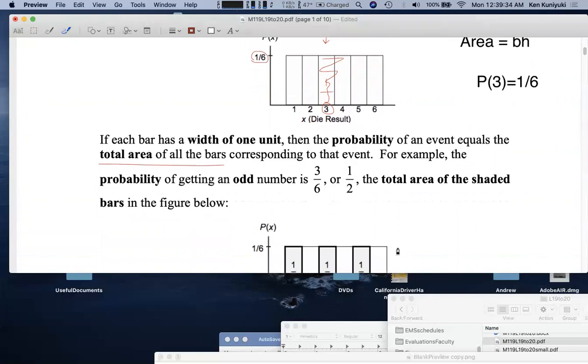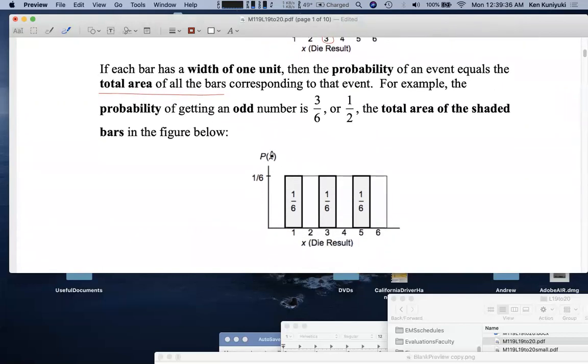So for example, what's the probability of getting an odd number? Well, what are the odd numbers? The odd numbers on a die are 1, 3, and 5. The corresponding probabilities or areas are 1/6, 1/6, and 1/6. Again, discrete uniform, these probabilities are equal.